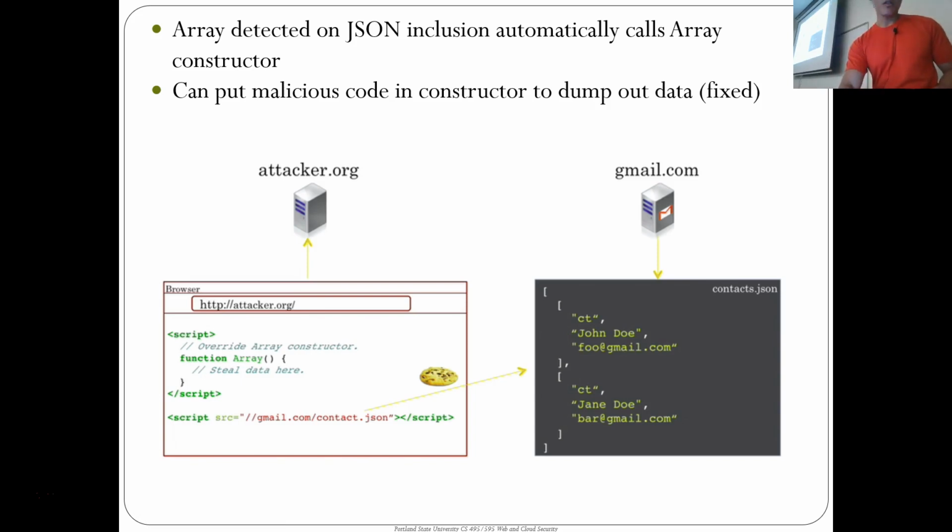Here the script that is delivered from the attacker has this JavaScript function that would overload the default array constructor in JavaScript, and this is where your contacts would get exfiltrated in that script. Okay? This has since been fixed, but this is the kind of shenanigans that could be possible. This is the stuff that you have to think about whenever you're doing code execution on a malicious site.